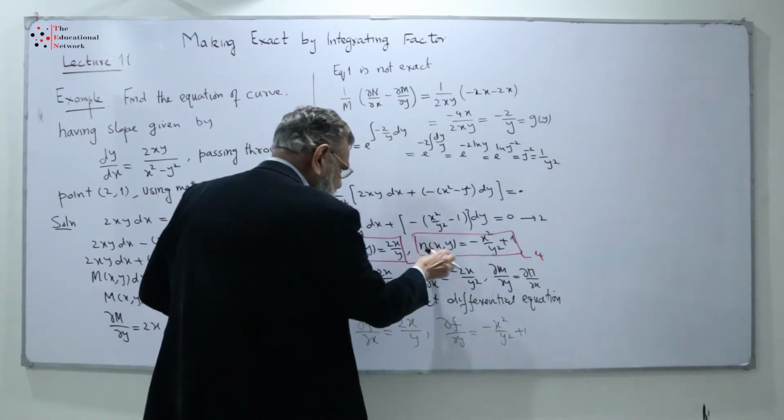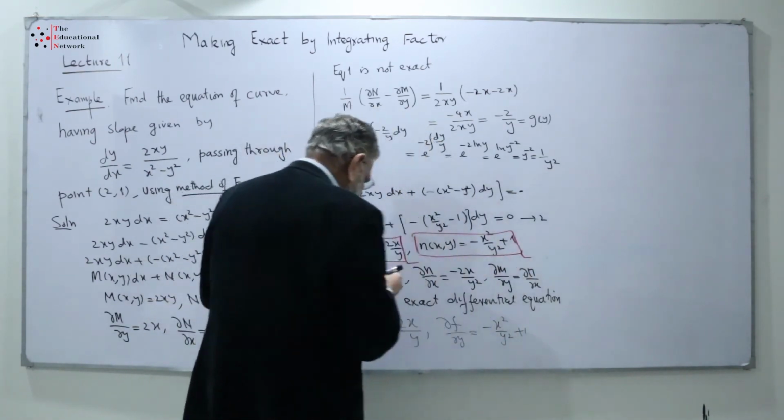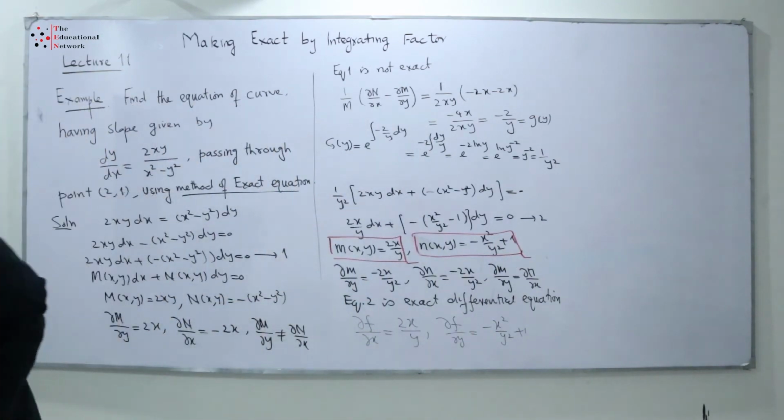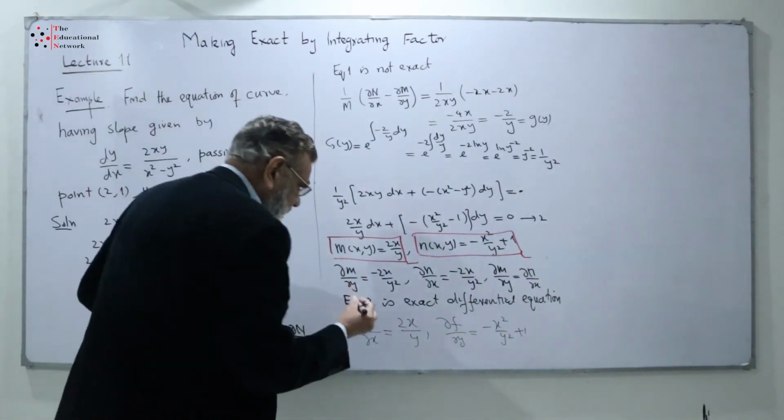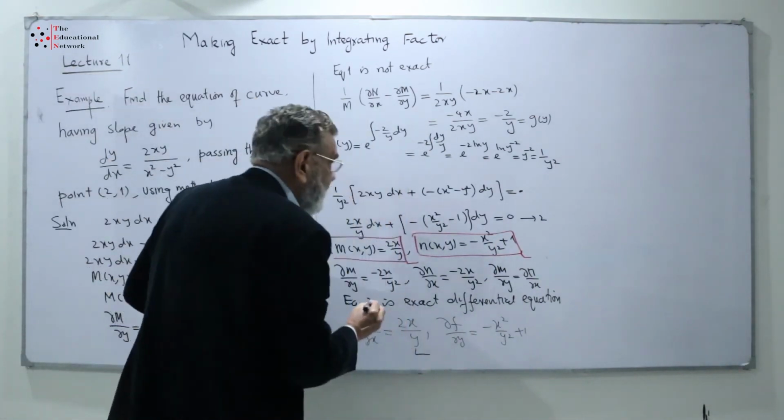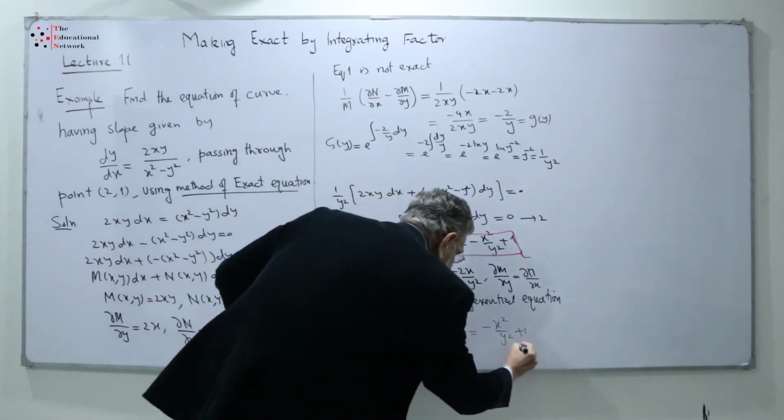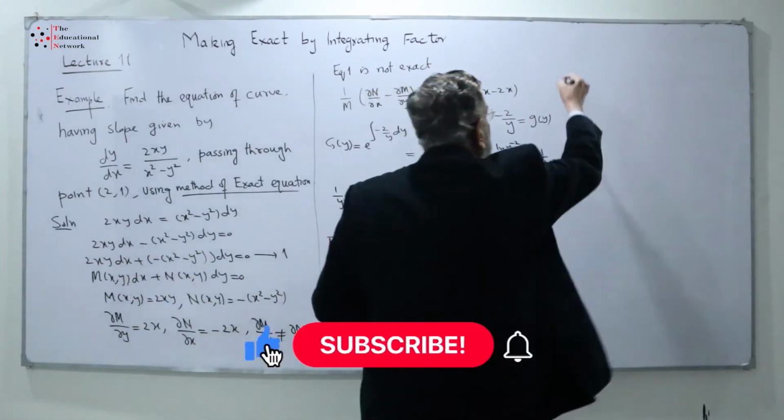I would like to label these as number 1, number 2, this here is my number 3, and this one is my number 4.